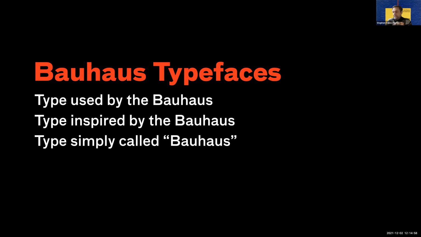Then we'll look at type that was inspired by the Bauhaus. So these are typefaces that either directly or indirectly have some relationship to the pedagogy of the school or the kinds of design that the school pioneered. And then we'll talk about type simply called Bauhaus.